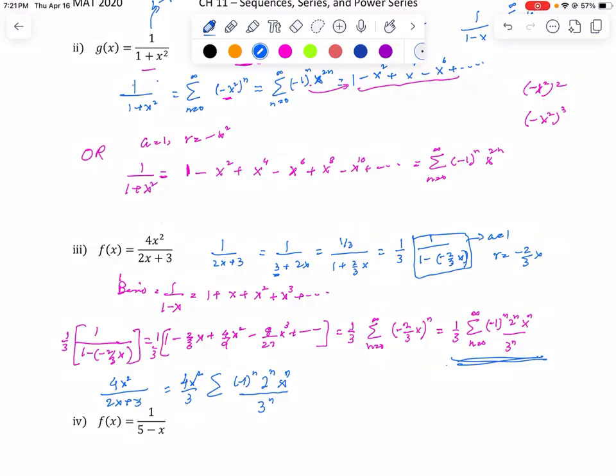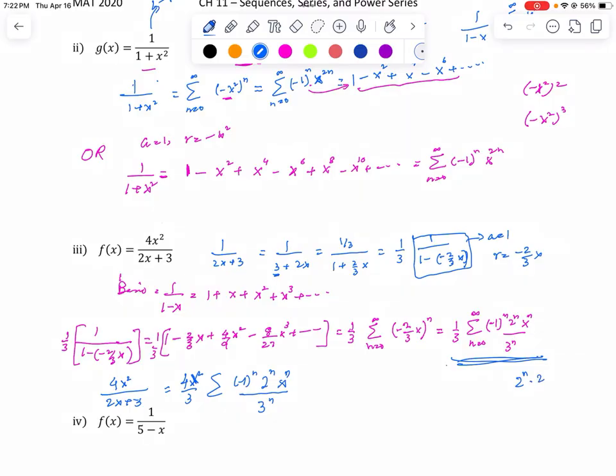So now 4x squared over 3 doesn't depend on our n, so we can take it inside the summation. Notice that 4 is 2 squared, so we will get an expression like 2 to the n times 2 to the 2.